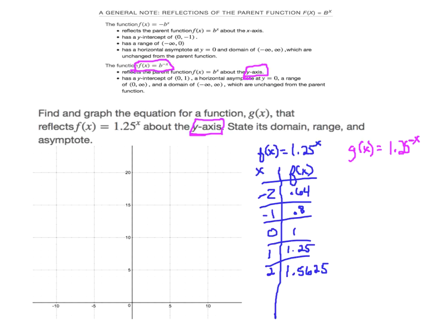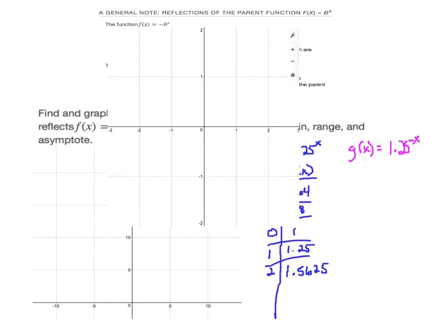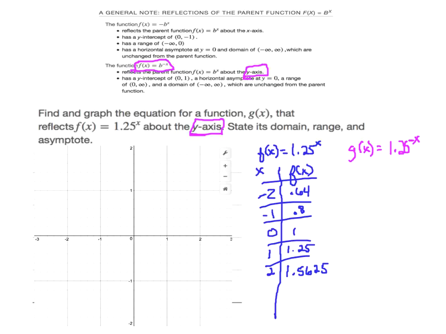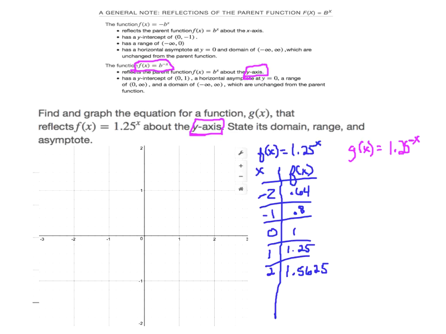Okay, let me grab this and place it here. Make it a little smaller so it'll fit.